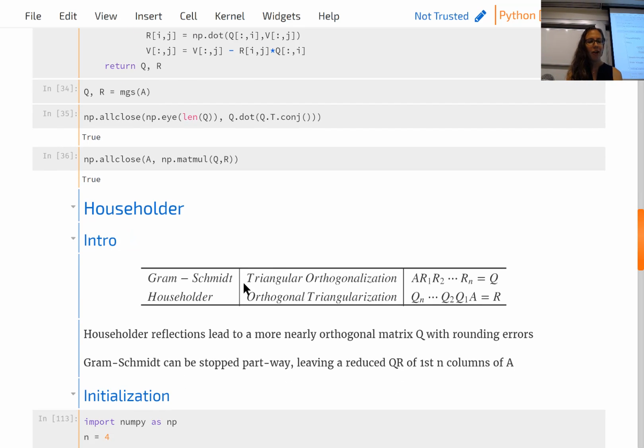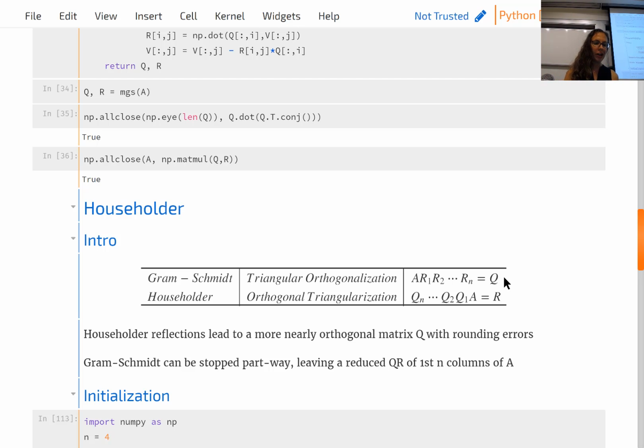Trefethen refers to this as triangular orthogonalization: you're coming up with one Q, but you could think of it as many less informative triangular matrices, because these projections could be represented by a triangular operation, and the focus is on building Q.